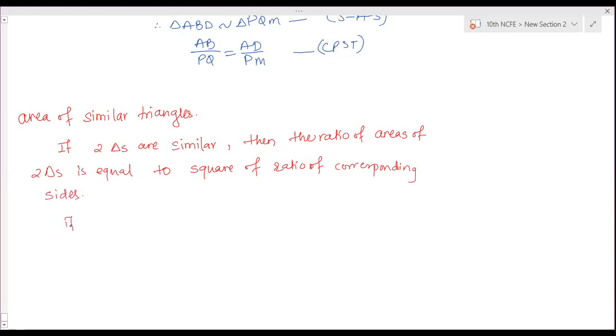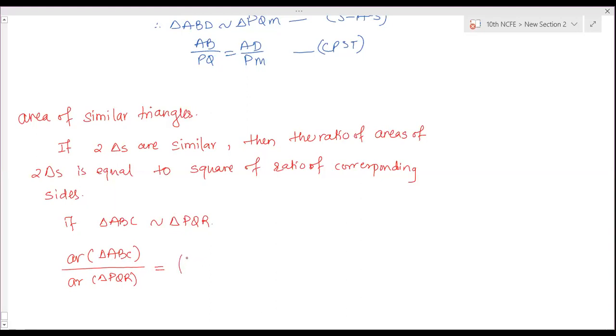That means, suppose triangle ABC is similar to triangle PQR, only when the triangles are similar, then the ratio of area of triangle ABC by area of triangle PQR is equal to, what is the corresponding side here? Which sides are corresponding?